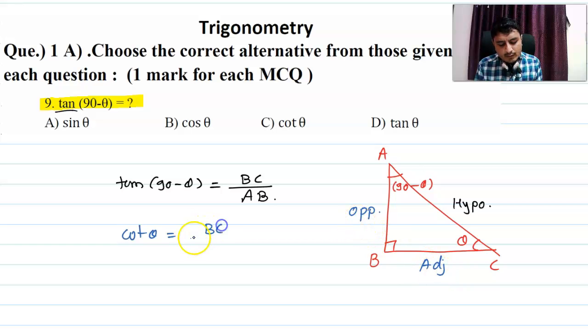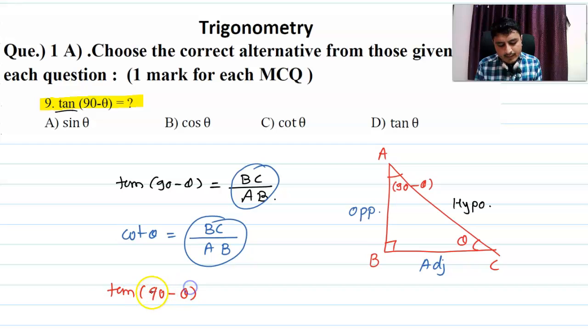Adjacent with respect to theta is BC, and opposite is AB. Since the RHS are the same, we can equate the LHS, so tan of 90 minus theta is the same as cot of theta. So the value of tan of 90 minus theta is cot theta. Look at the choices. The correct choice is C, cot theta.